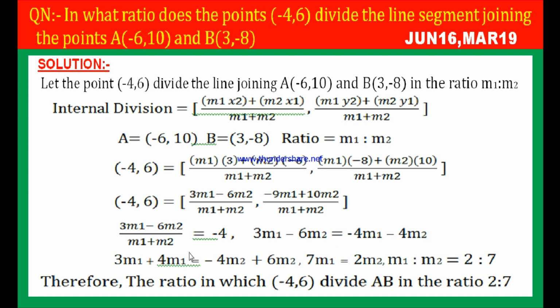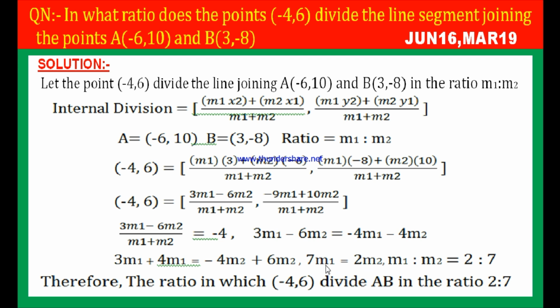Bring all m1 terms to the LHS and m2 terms to the RHS: 3m1 + 4m1 is equal to -4m2 + 6m2. Therefore 7m1 is equal to 2m2, or m1 divided by m2 is equal to 2 divided by 7.